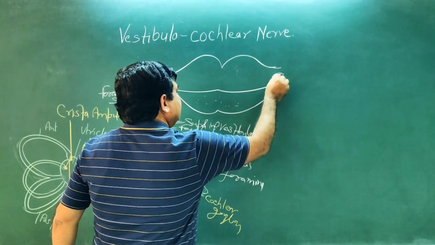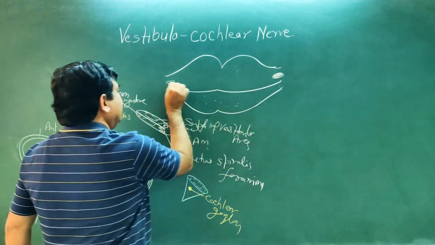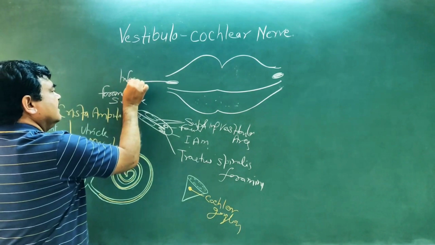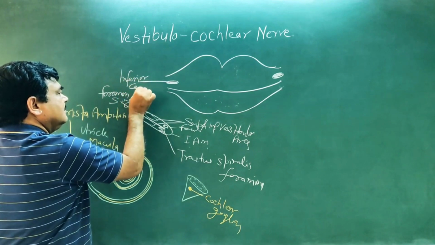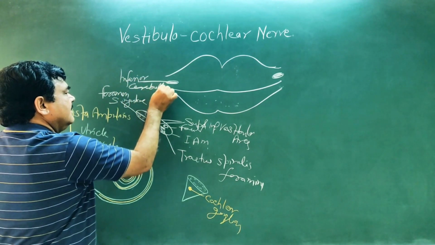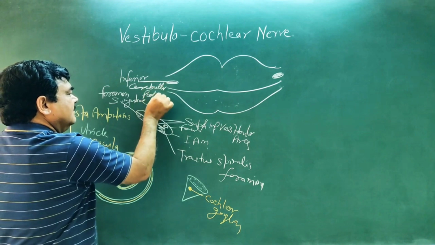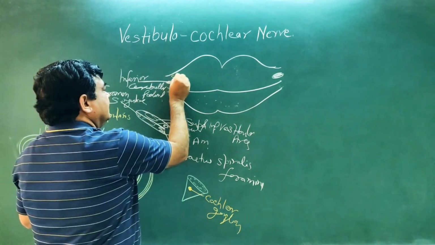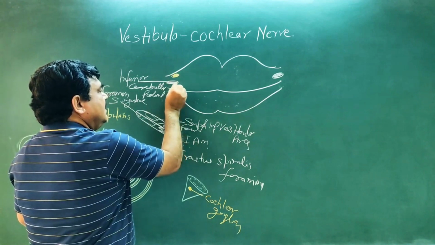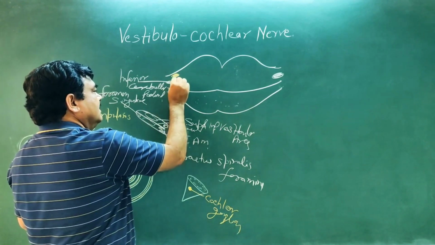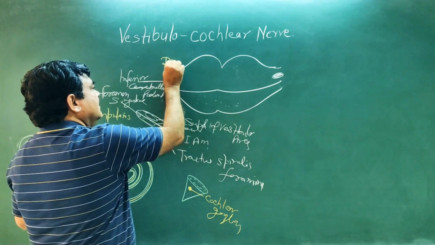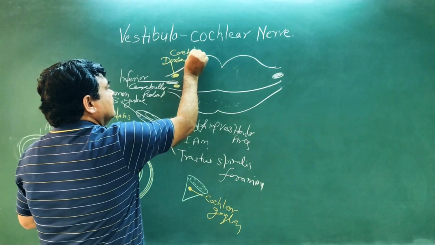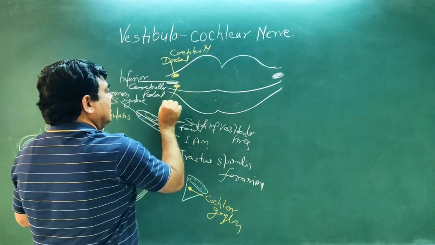At inferior level, this is inferior cerebellar peduncle. If you see, here is dorsal cochlear nucleus, here is ventral cochlear nucleus.